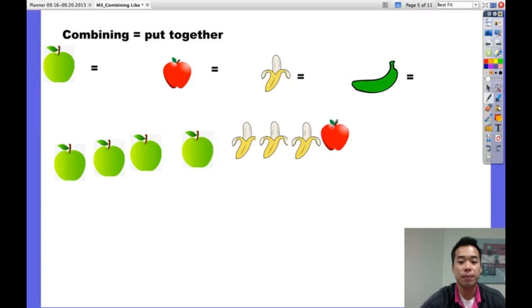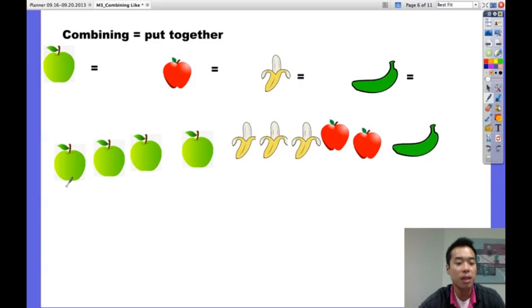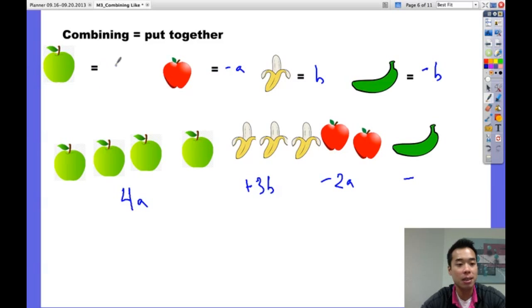Next, same thing. So this one, I have 1, 2. If you want to jump down and summarize this part real quick, I get 4a plus 3b minus 2a minus b. Remember, this is a negative banana, positive banana, negative apple, positive apple.